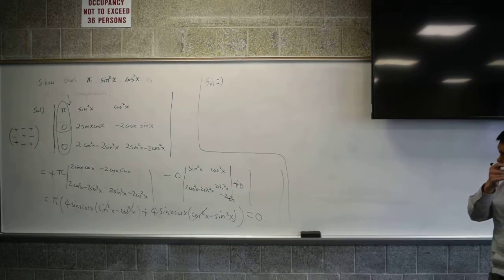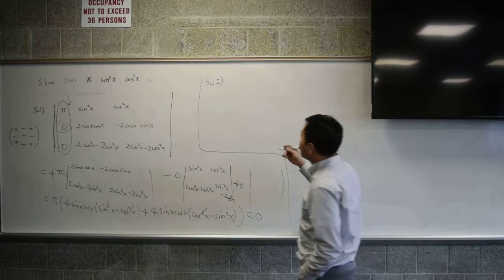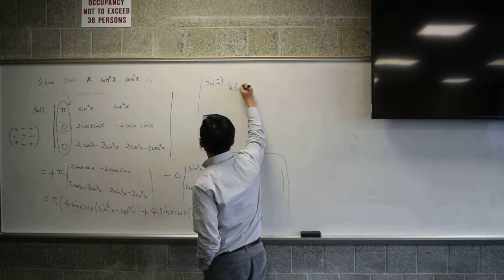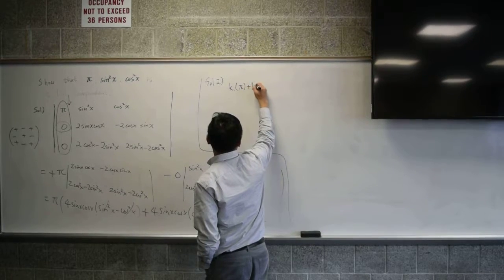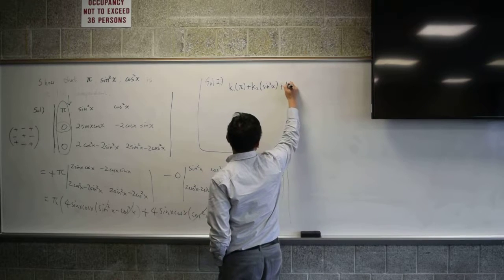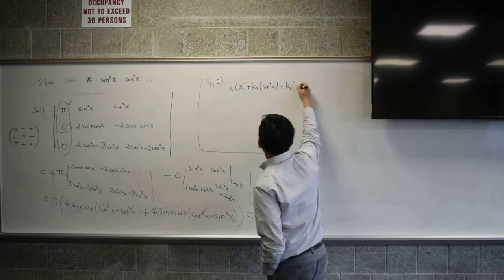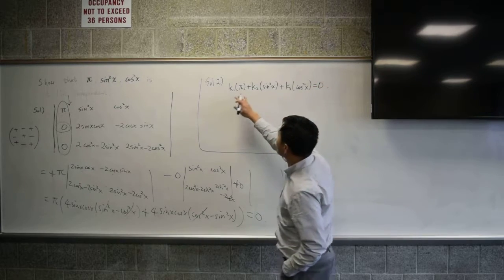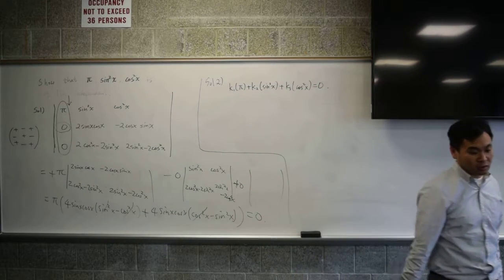Being linearly dependent means that there is a K1 plus K2 plus K3 equal to 0 for some constants K1, K2, K3.